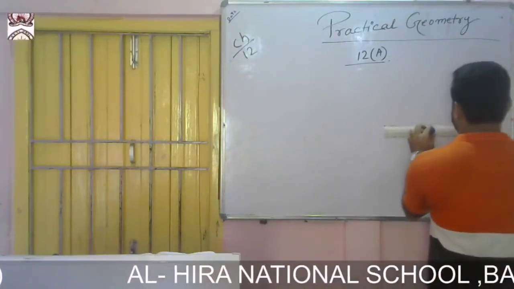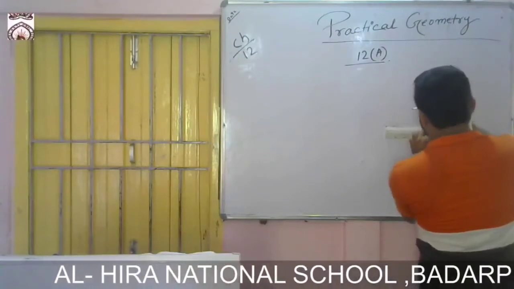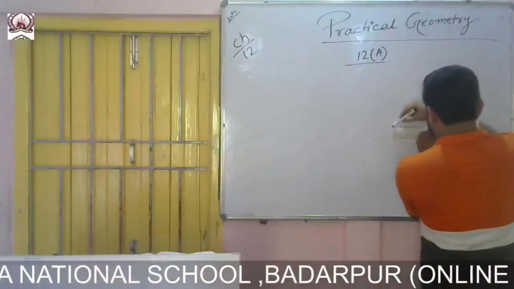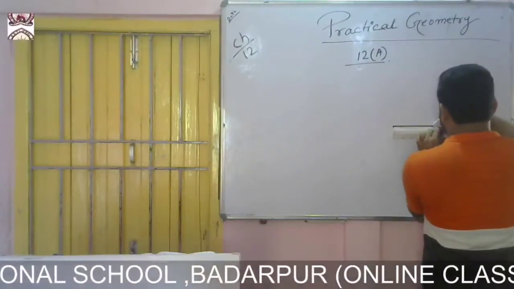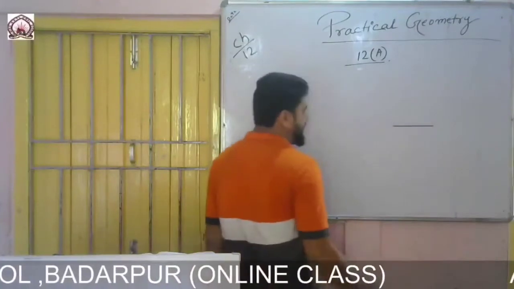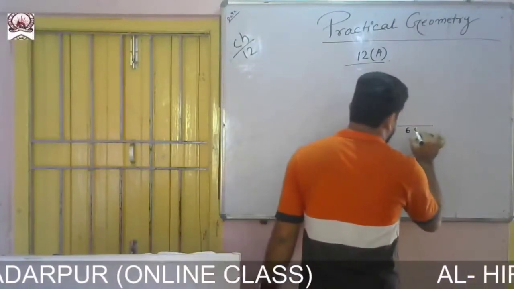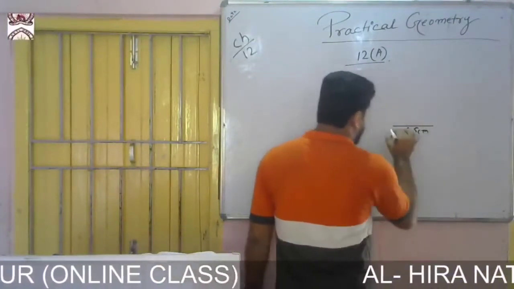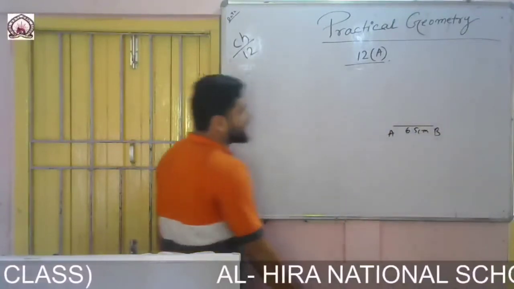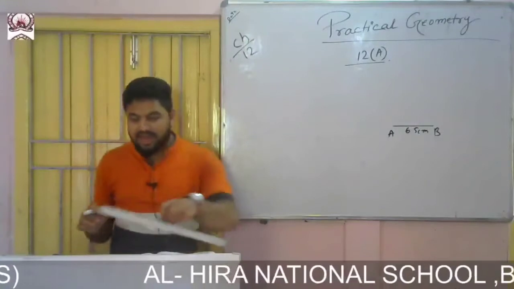Suppose this is my scale, and I am taking 6.5. So from there you take 6.5 centimeter, suppose this is 6.5 centimeter, and give the name AB.